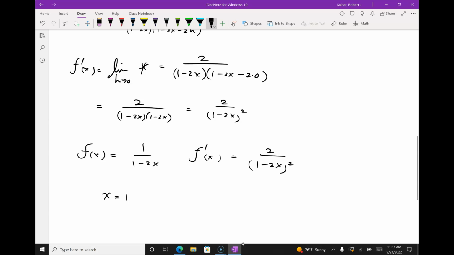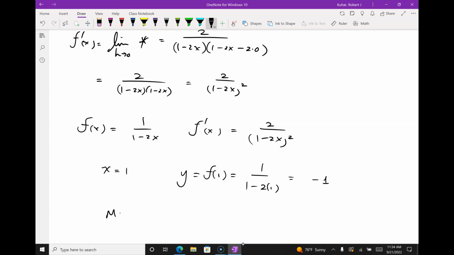I need a y value, and I need a slope, right? So y is going to come from f of 1. So that looks like a negative 1. Yeah? You agree? We agree? Yes? And m is going to come from f prime of 1. So that looks like 2.